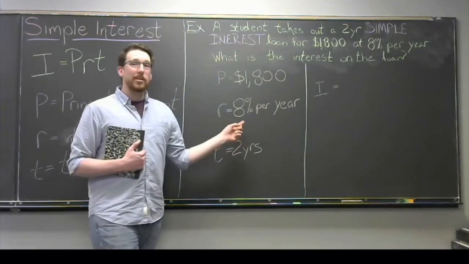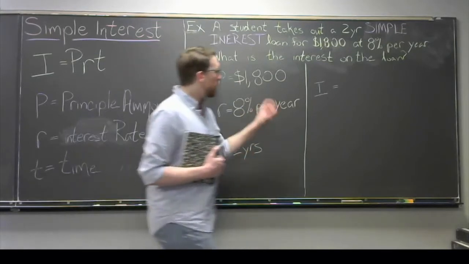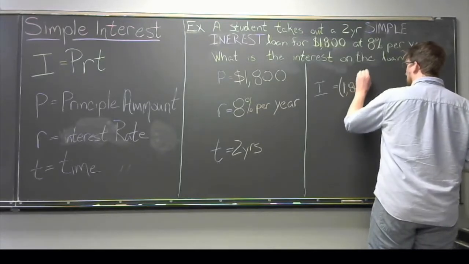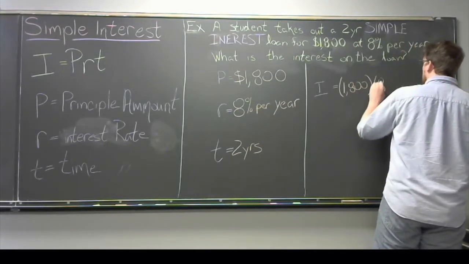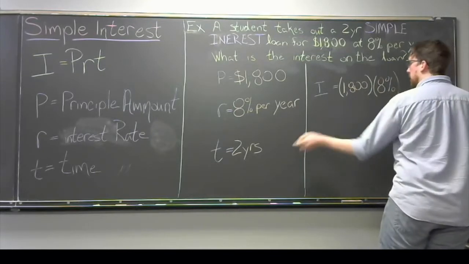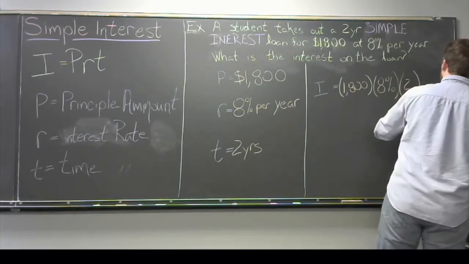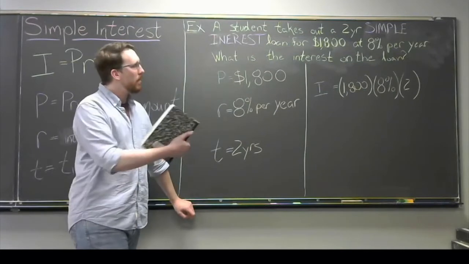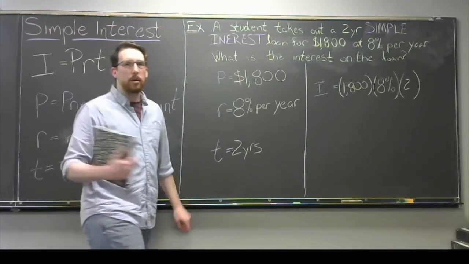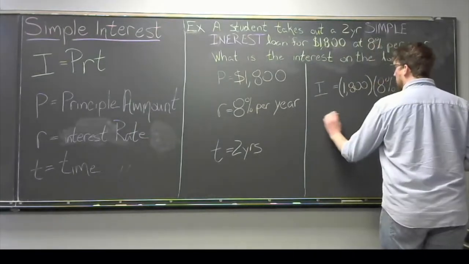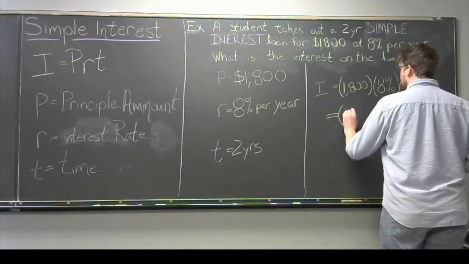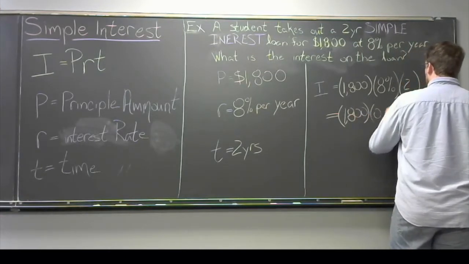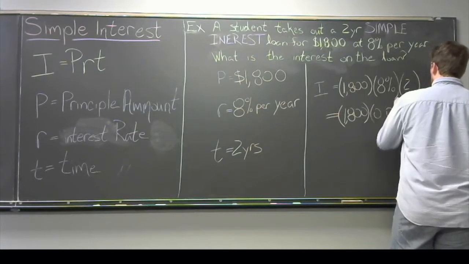So the amount of interest that the student's going to have to pay is going to be $1,800 times 8% times 2 years. Well, it's not quite that simple though, because we have to convert that 8% back into a decimal. Okay, no problem. We talked about that in the last lecture. So it's 1,800 times 0.08 times 2.